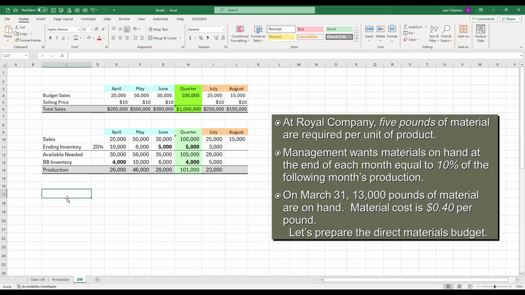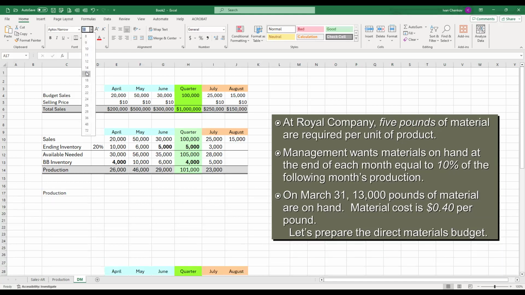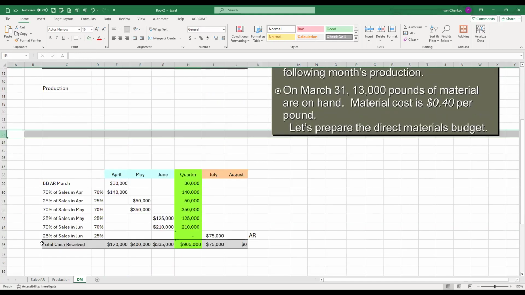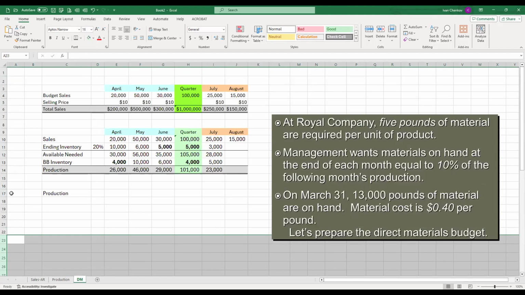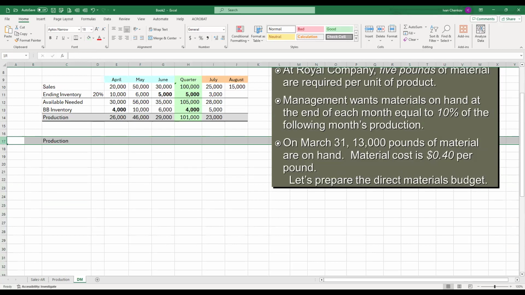Now, in order to do our budget for direct material, we're going to start with the production, because we need to produce those units, correct? I don't need this one. Now I changed my mind. I can easily delete it.